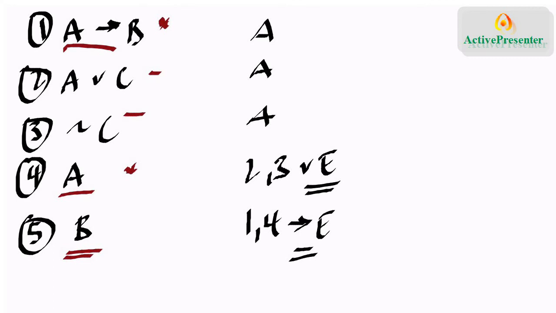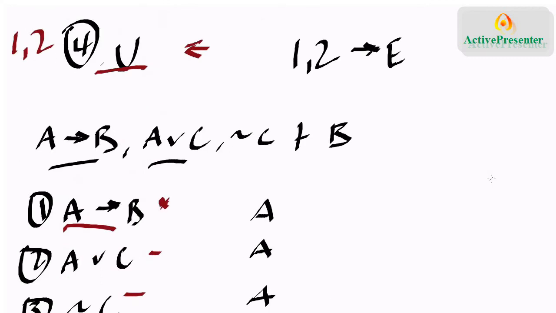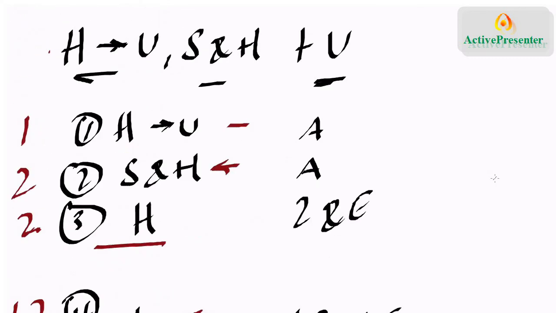Wait, looking over my notes, I see I actually made a mistake here. If you caught it, then good. So we have H arrow U, S and H as our premises. From line 2, we got H by using ampersand elimination.